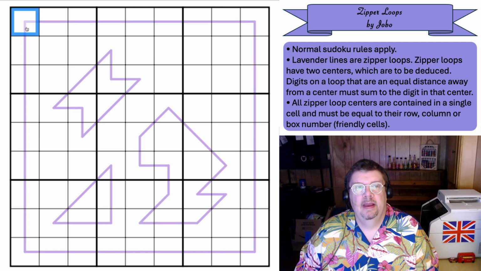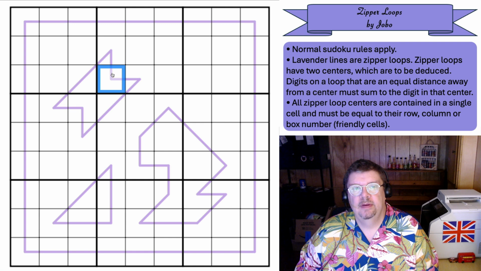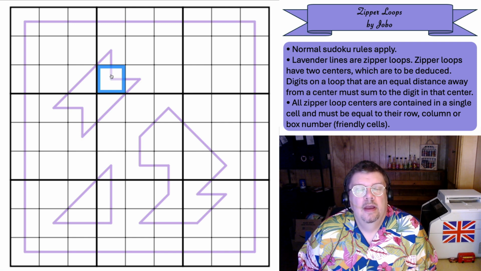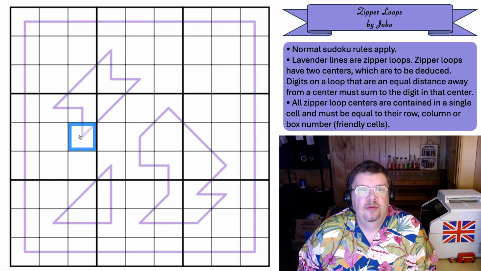All right, our initial zipper loops in general. We are going to have two digits that must be the same digit. They are both the centers, and cells equal distance apart will sum to those centers. So these two are equal distance apart.